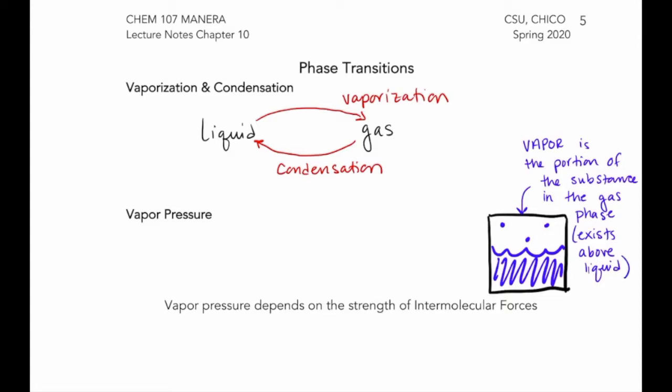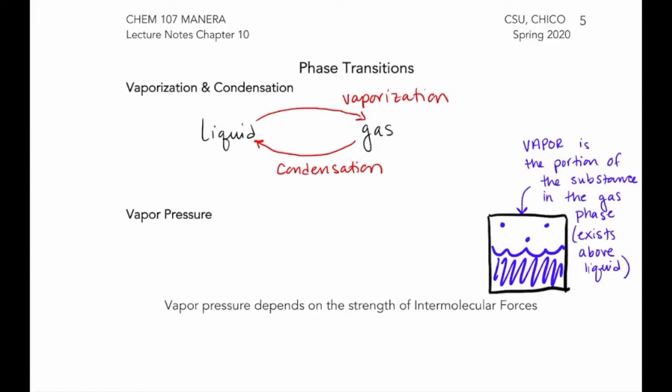Okay, so we have a closed container of water. There's some portion of that that's in the gas phase. We call that the vapor. And the vapor pressure is the pressure caused by that vapor portion. Okay.